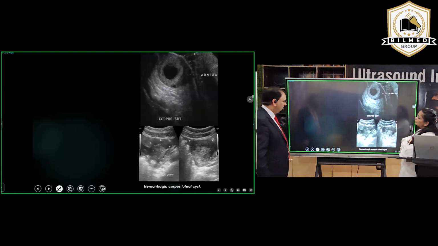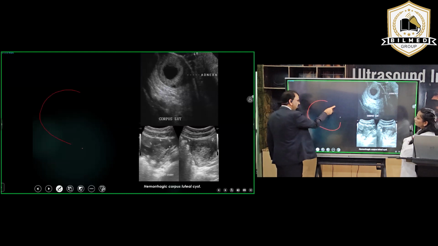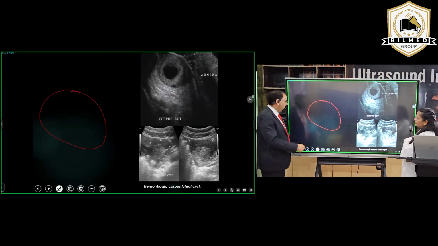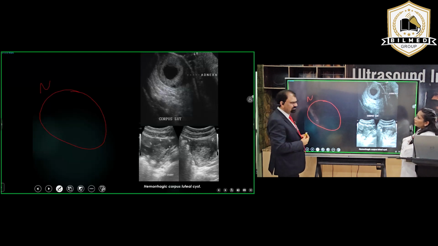Corpus luteal cyst. Now, if I am having a corpus luteal cyst over here, will it be anechoic? No, it will not. So it is not always anechoic. Is it solid? It may be. Why can this not be anechoic?